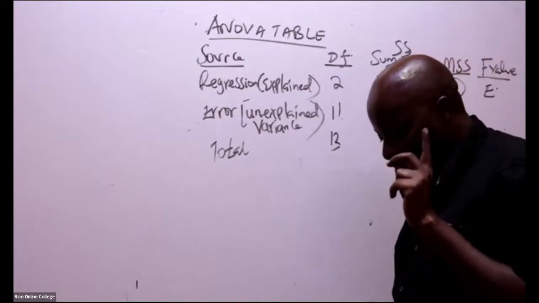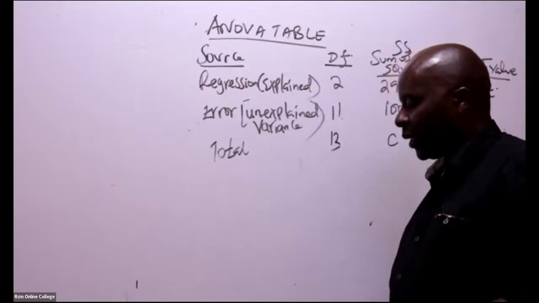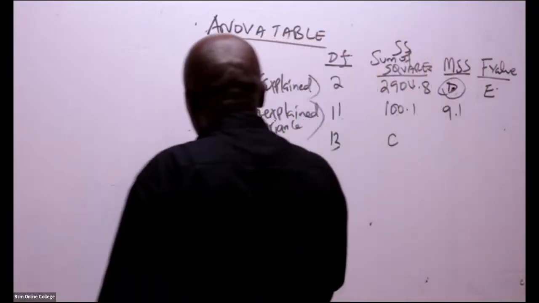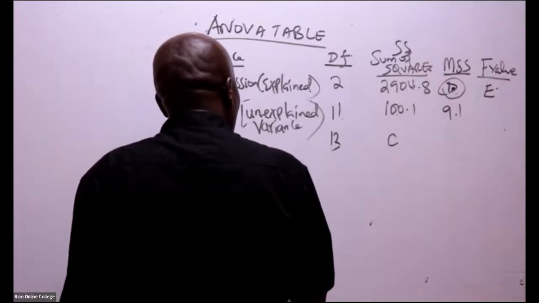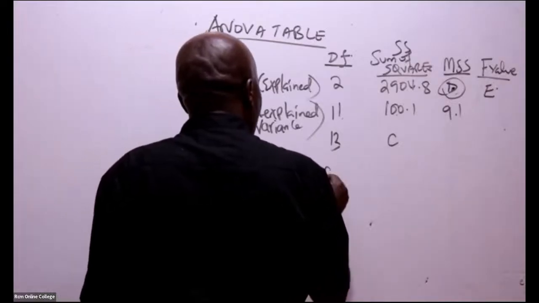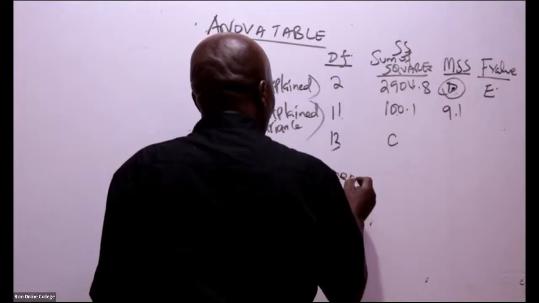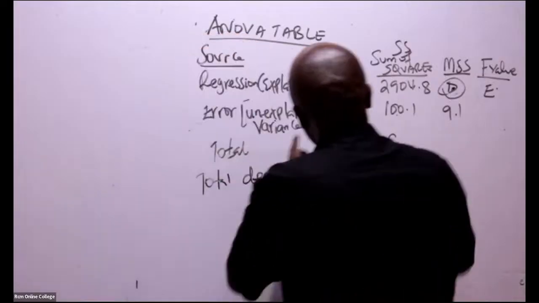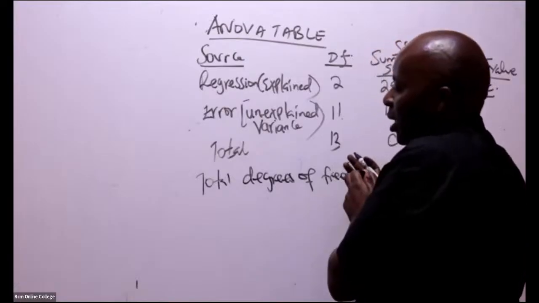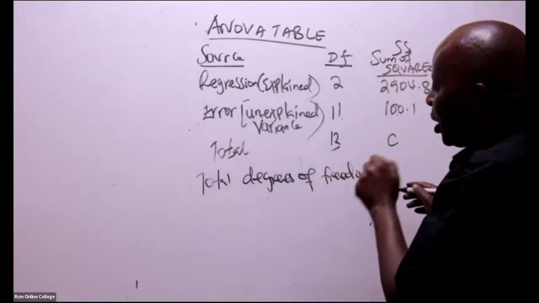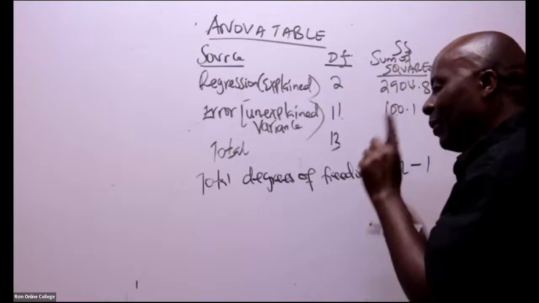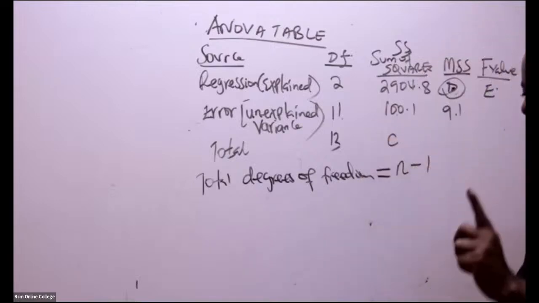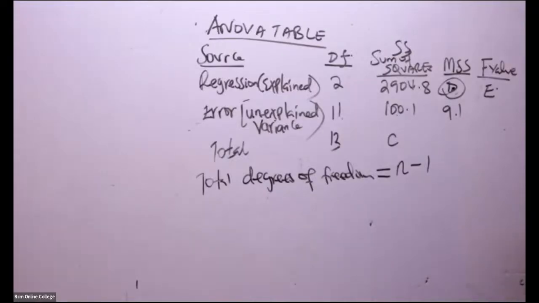We have total degrees of freedom, which you can see is 13. How do we get these total degrees of freedom? To get total degrees of freedom, you'll always take n minus 1.